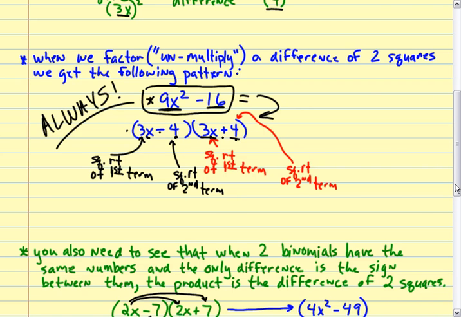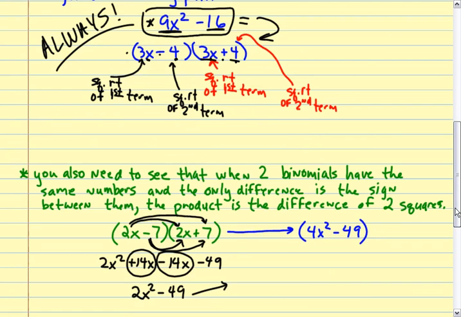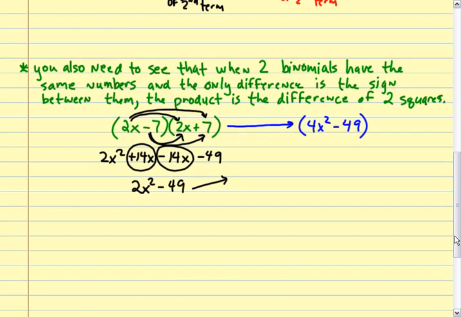Now let's go down here and look at this. Okay? You also need to see that when two binomials have the same numbers and the only difference is the sign between them, the product is the difference of two squares. So let's look at this, right? We're starting with 2x minus 7 and 2x plus 7, all right?